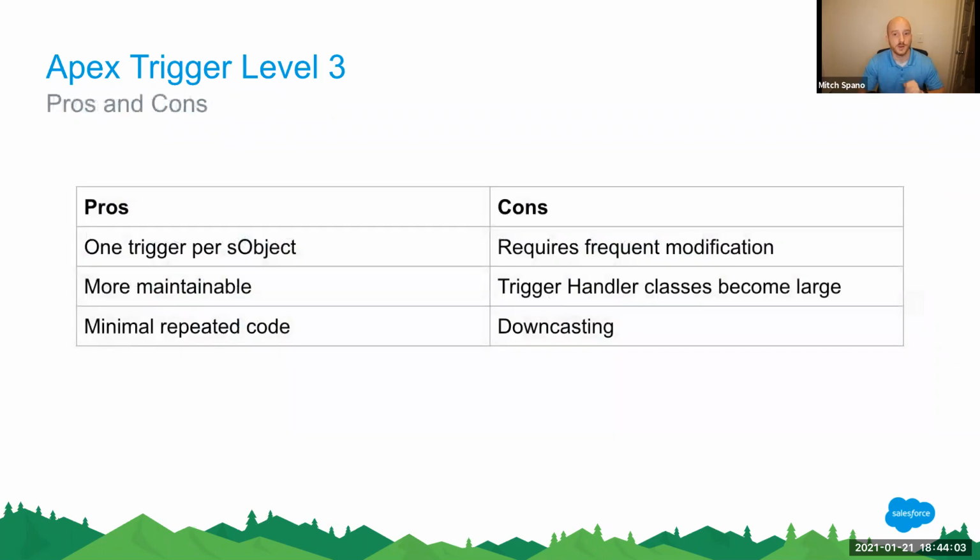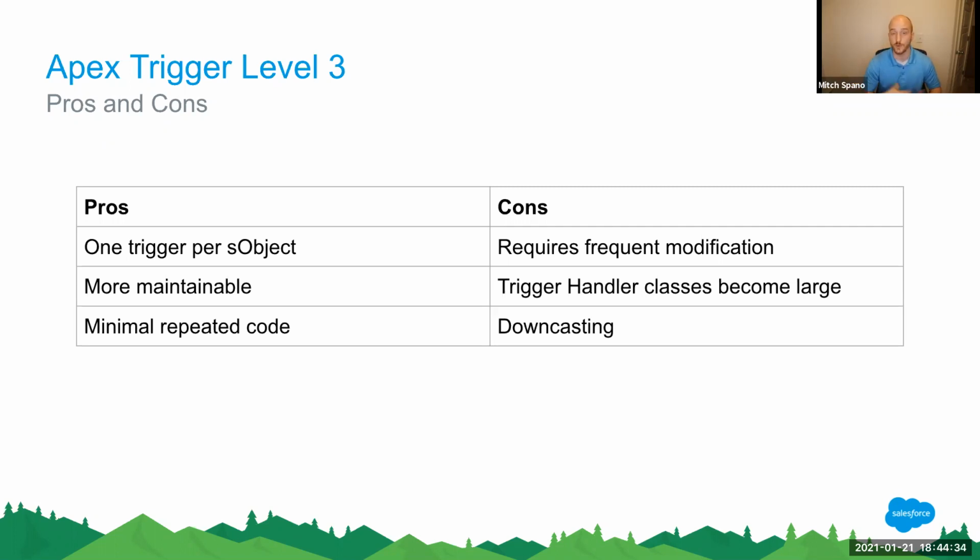So there are some pros and cons about level 3. We still only have one trigger per SObject, way more maintainable and far less repeated code. There are a few cons though. Let's say we had a large organization with multiple teams, say two teams, a wholesale team and a retail team.